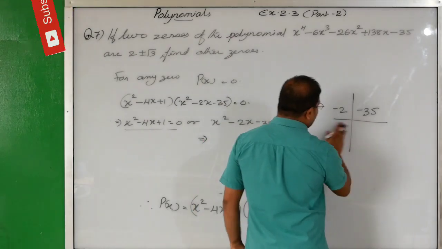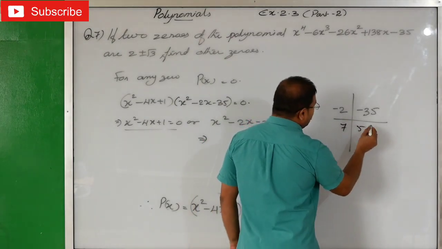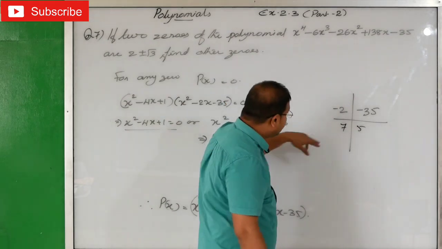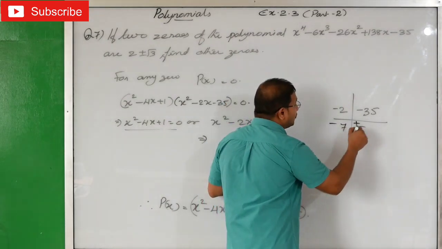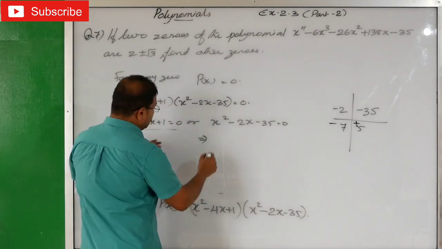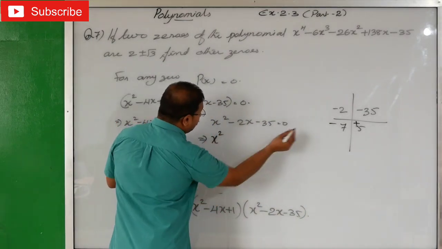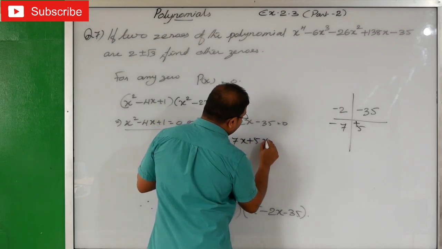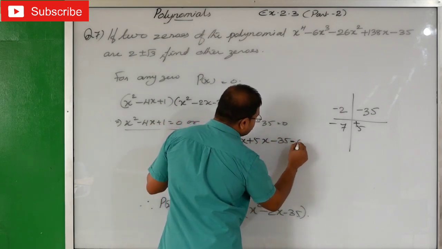So the numbers are 7 and 5. But looking at this, we can understand that in the subtraction place minus means the bigger number is minus and the small number is plus. Ready? So this implies, what you'll write? X square minus 7x plus 5x minus 35 equals 0.